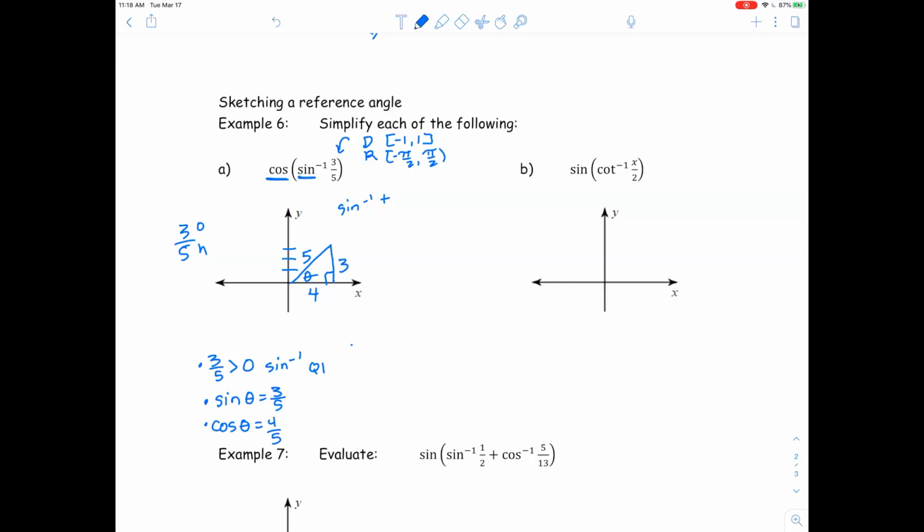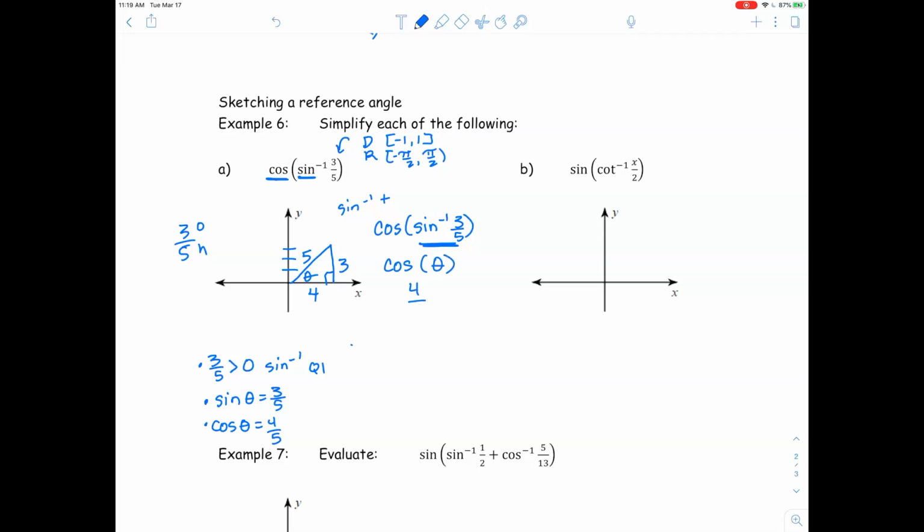But since this problem is only built out of sine and cosine and sine inverse, we'll stick to those two values. So I'm just going to rewrite it here, cosine of sine inverse of 3/5. And I'm going to work on this value first. Again, I don't know what the measure of that angle is, but I did name the angle theta. So we're just going to do the cosine of theta.